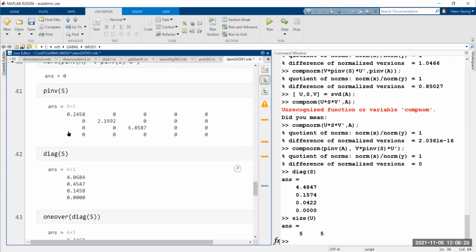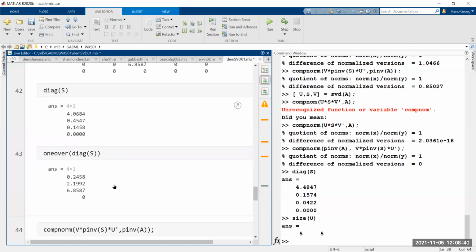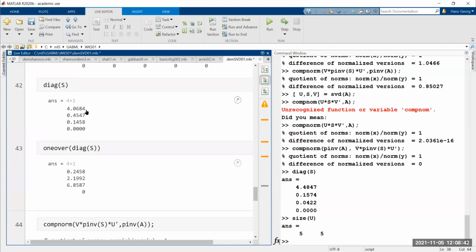Now the trick is this is again a diagonal matrix, of course, of the corresponding transpose format, and the diagonal entries of the original matrix were this. And if you just take the pointwise inverse, so this is a vector, you see roughly 4, this is roughly 1/4, and so on. So this is pointwise. But, and that's the interesting part, and that's why I took an example of rank 3, if you have a 0, then you cannot invert it and you leave it 0.